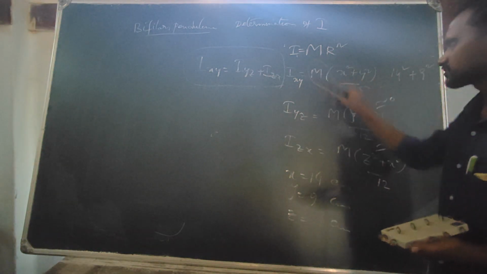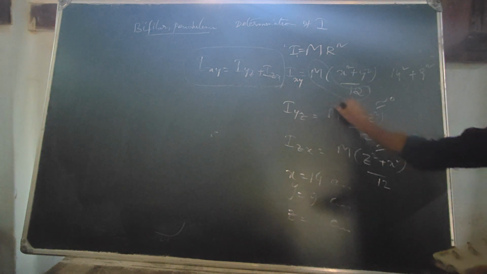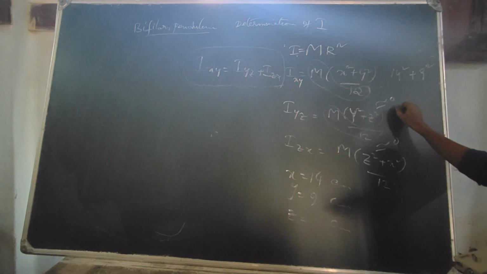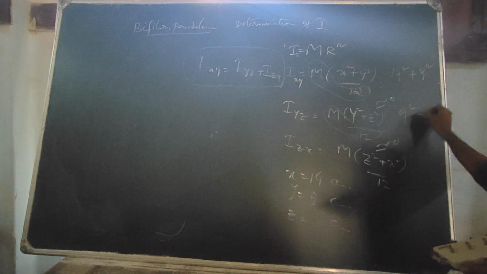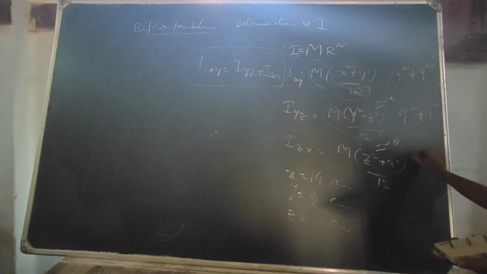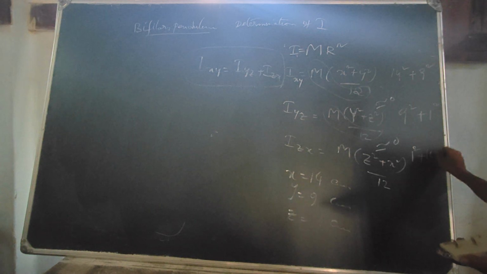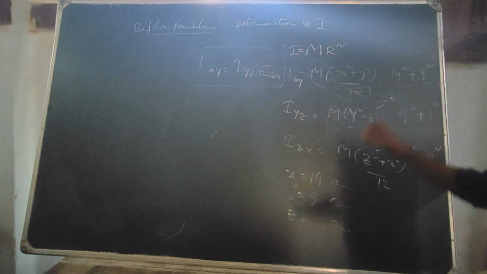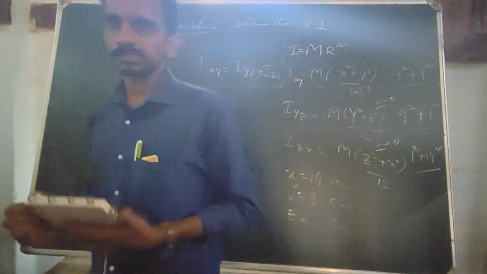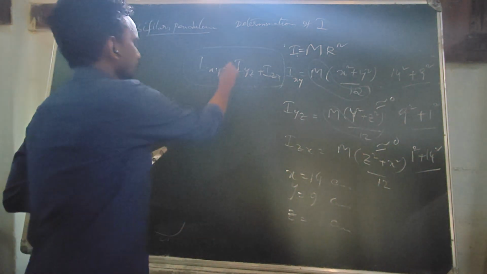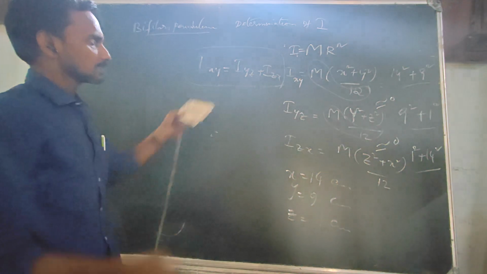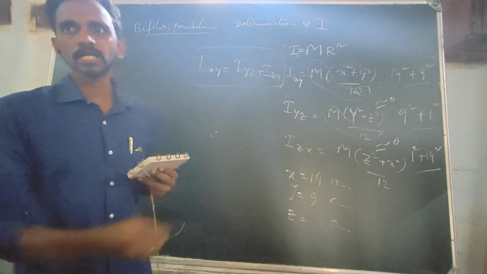Here it is 14 square plus 9 square plus 1 square. This is 1 square plus 14 square. So if the third direction is negligibly small, you can write Ixy is equal to Iyz plus Izx, nearly equal.